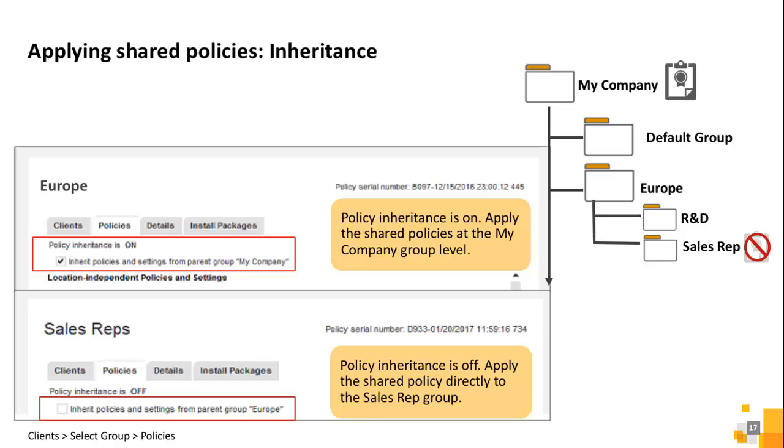Policies can be applied to more than one group or location. These are called shared policies. Shared policies can be inherited from a parent group or assigned directly to a child group with the inheritance turned off. While policy inheritance is on, any changes must be performed on the parent group. All configurations are read-only on the child group.